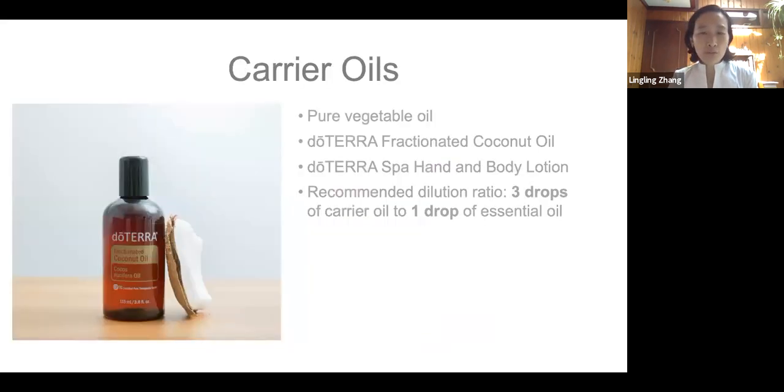Now, what do you use for dilution? We highly recommend doTERRA's fractionated coconut oil, because it's the best one. It's not like regular coconut oil that you cook with, which is very thick and freezes to a white solid when the temperature drops. doTERRA's fractionated coconut oil has the long-chain fat molecules filtered out, so what's left is very small molecules.